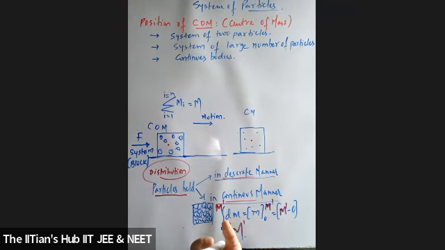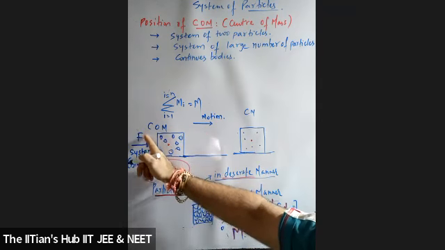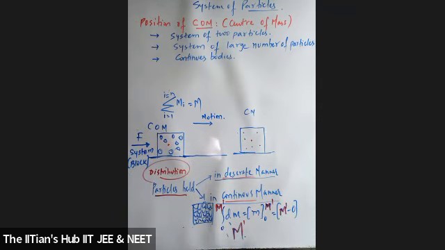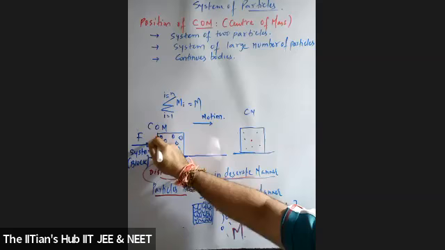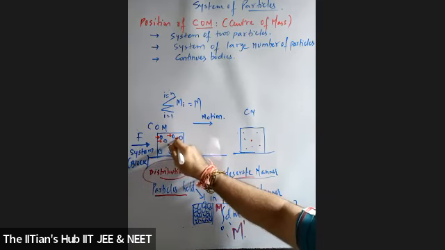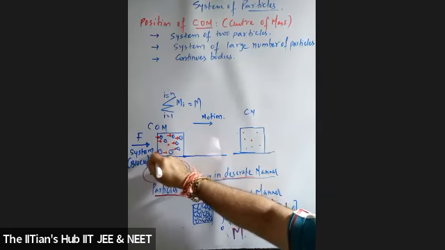So what is happening, students? This force that you have applied, what is actually happening to it? This force is now acting on each constituent particle. Each constituent particle. Understood? All these forces are on each constituent particle.